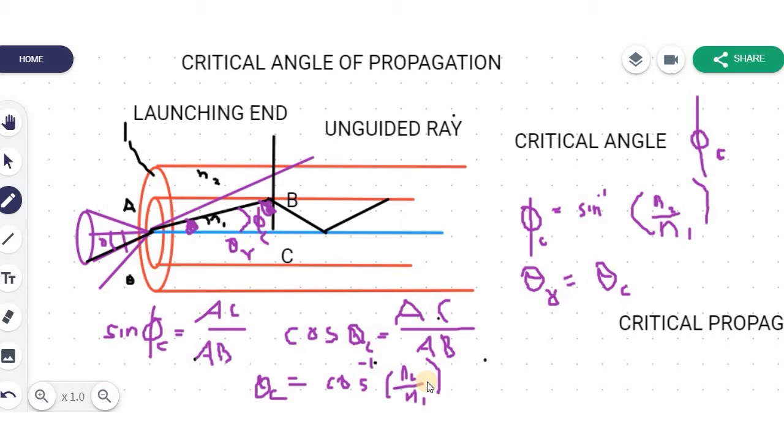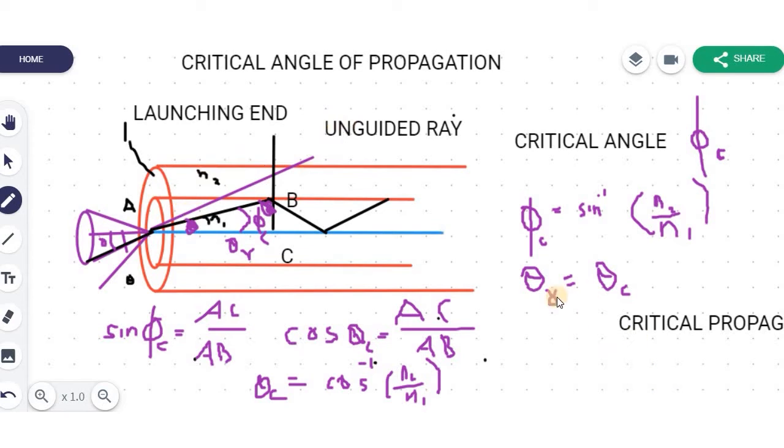Thus only those rays which are refracted into the cable at an angle theta r less than or equal to theta c will propagate through the optical fiber. All angles greater than theta c won't propagate; they will be refracted away from the fiber.